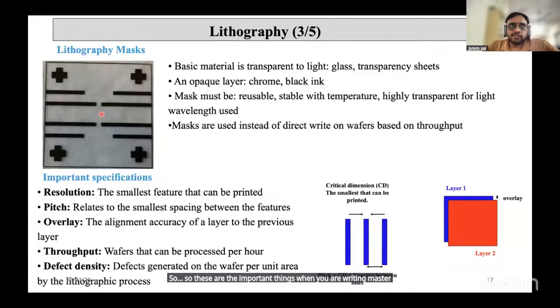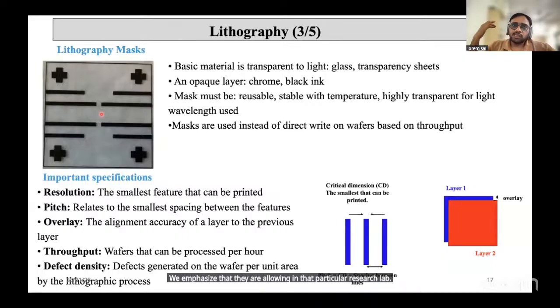Let's say you have some project in your mind, you want to design some masks using Clewin software or KLayout. You have to make sure what is the total area of my chip. For that, first you have to keep in mind what wafer size they are allowing in that particular research lab.